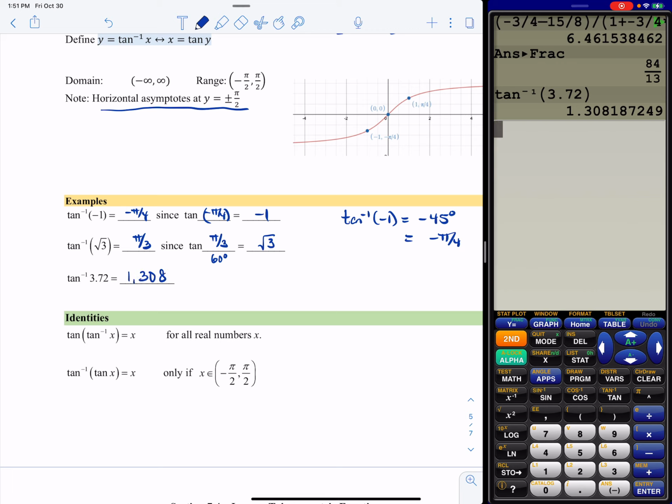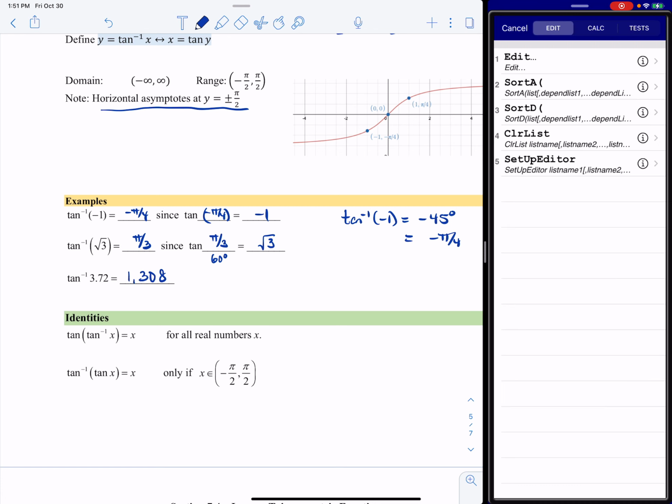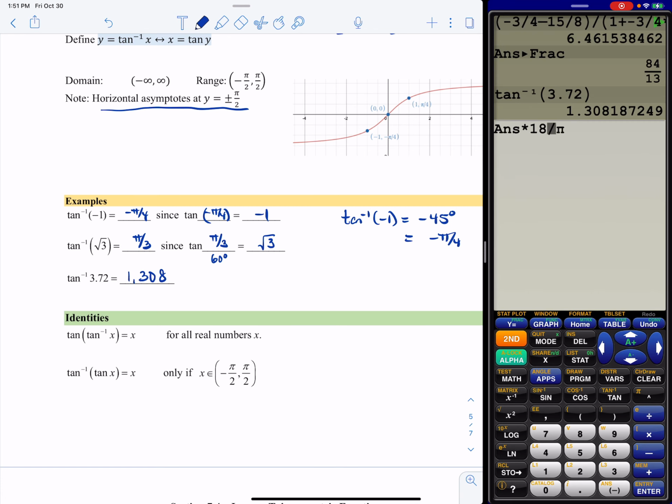And if you're curious, I'm just going to multiply that by 180 over pi. Whoops. I wanted 180 over pi. There we go. That's about 75 degrees. So there's something to notice there.